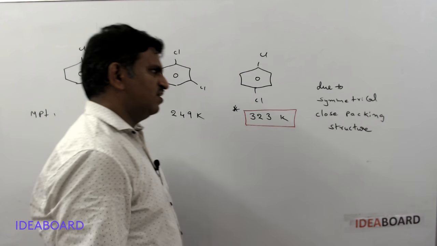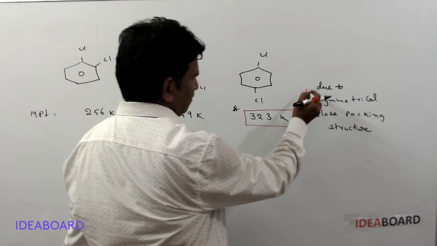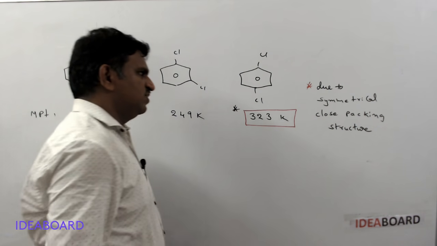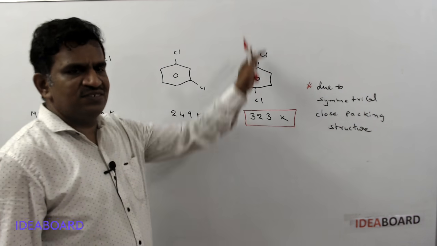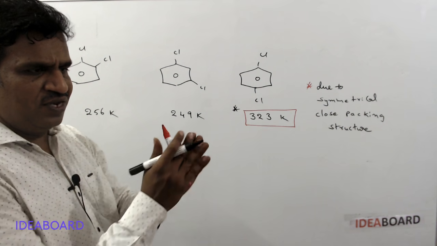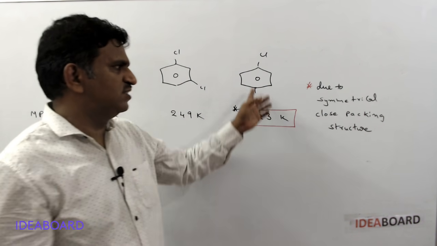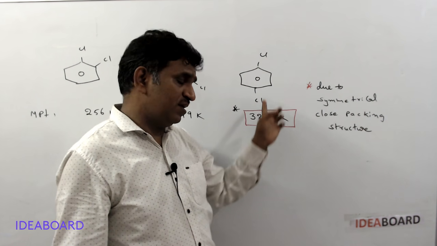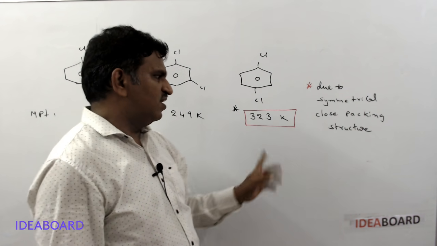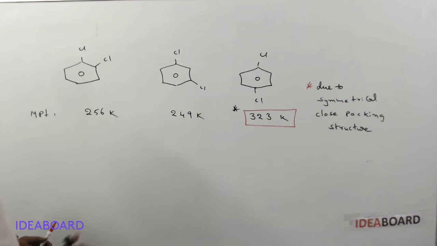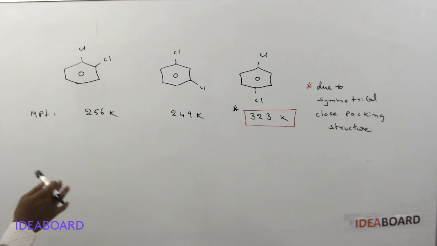Because of this symmetry, the molecules can arrange closely. So because of the close packing symmetrical arrangement of para-dichlorobenzene, it has a higher melting point. Please remember this.